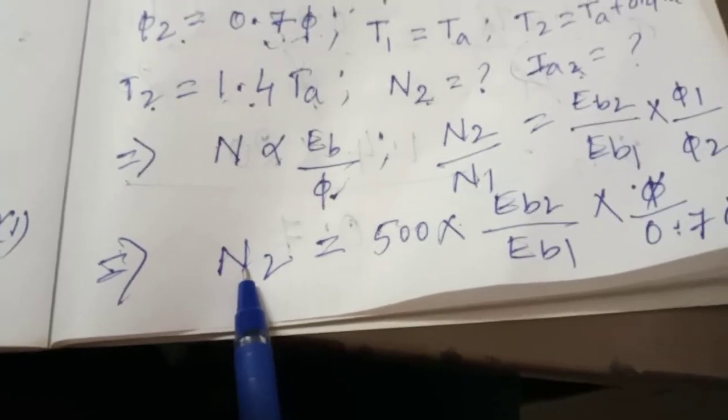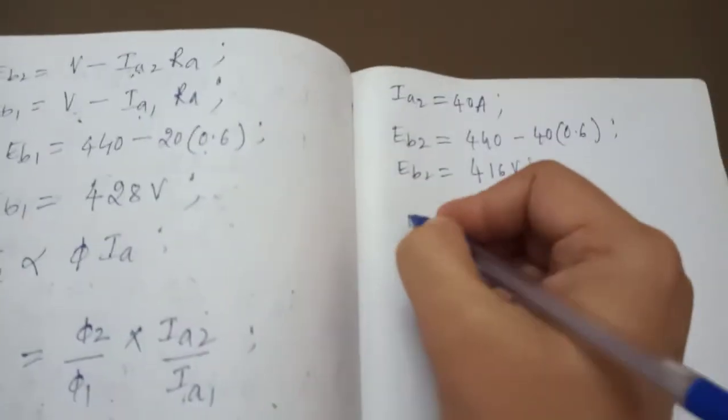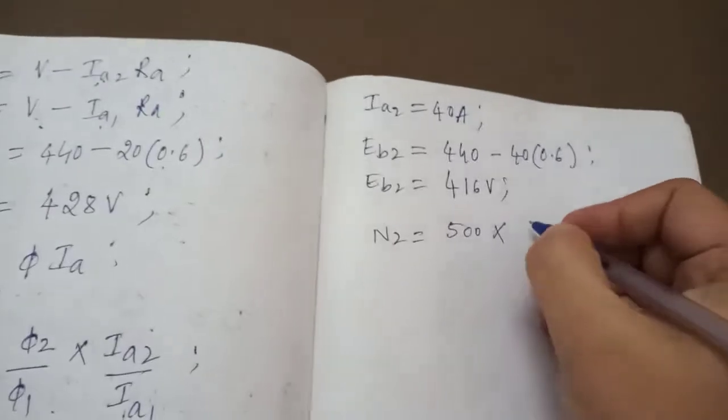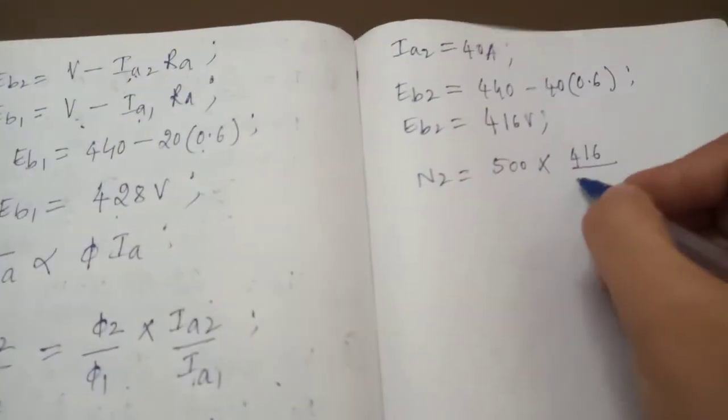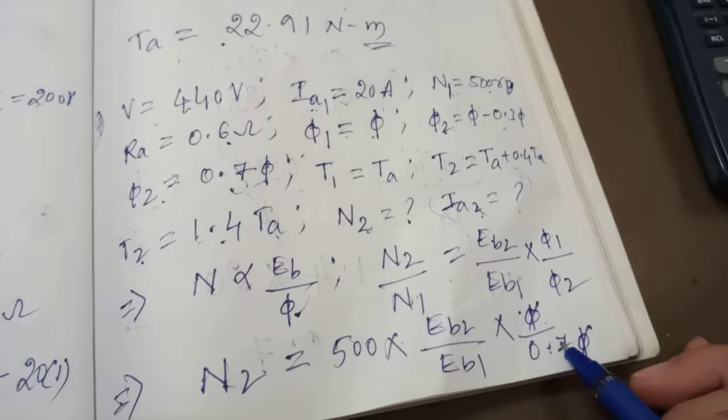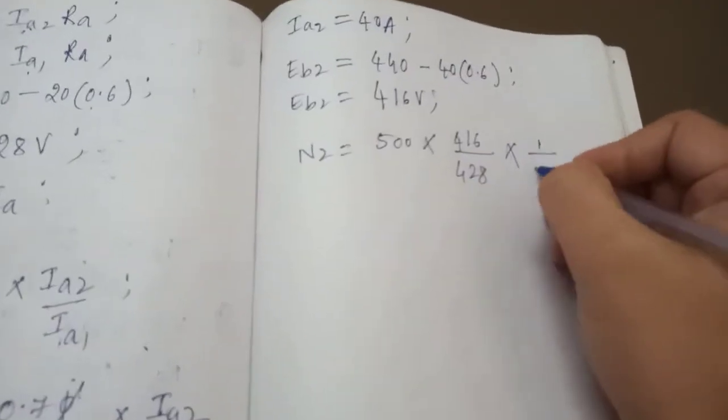Let us go back to the formula. New value of speed N2 is equal to 500 into EB2 by EB1, right? EB2 is 416 divided by EB1 is 428, into 1 divided by 0.7.